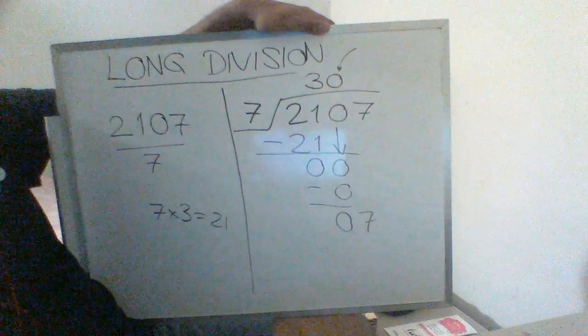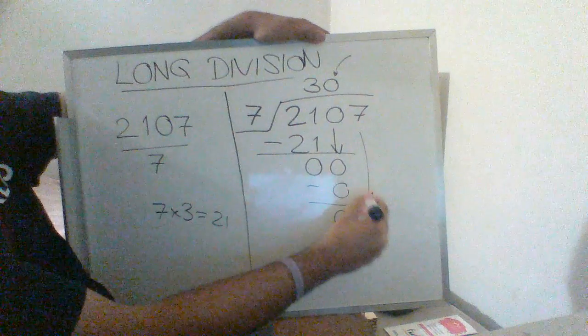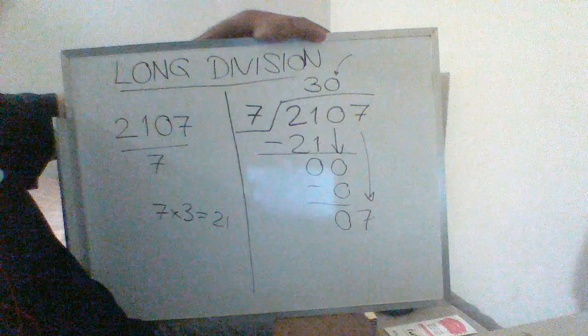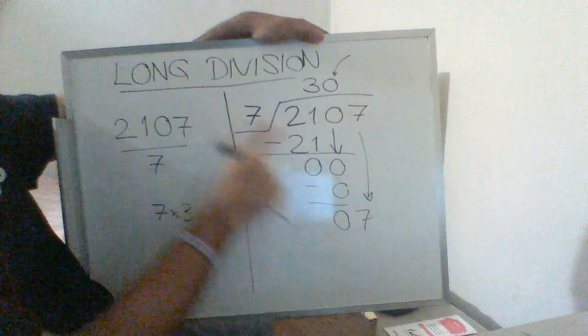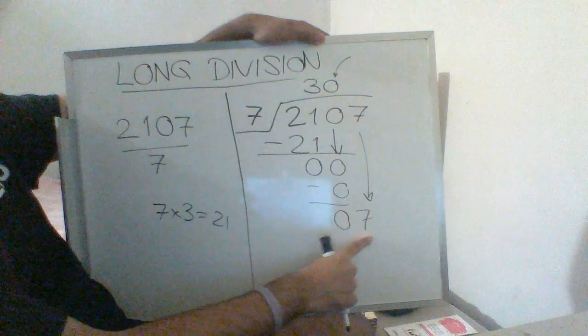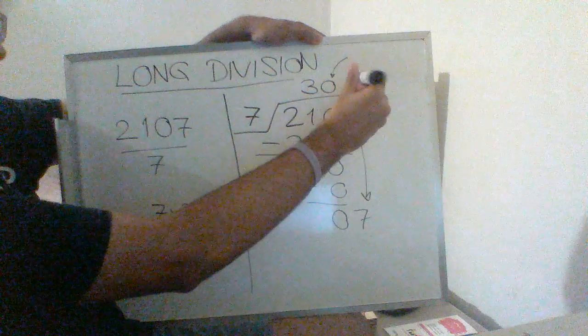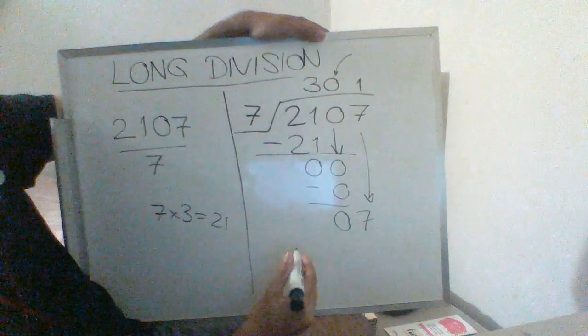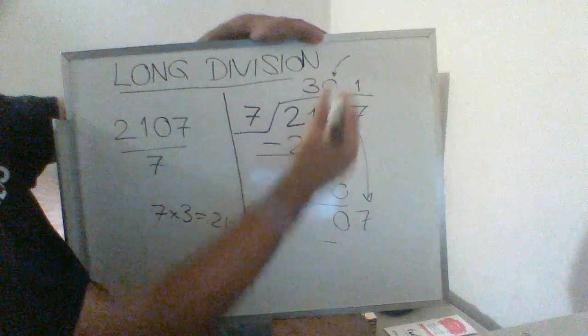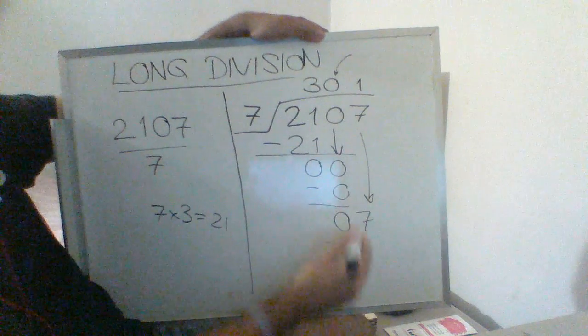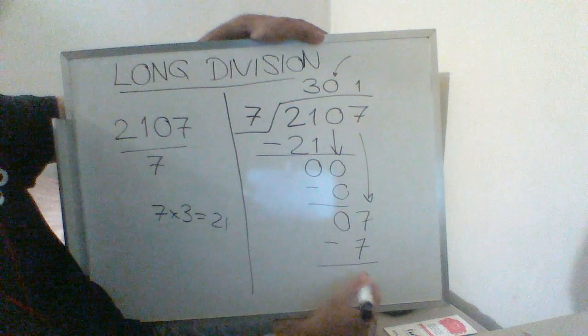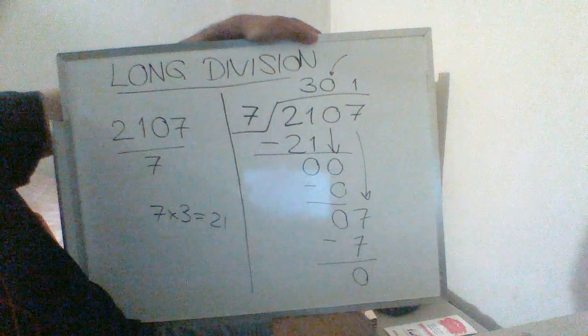Okay? Now we pull down this 7 here, and we ask ourselves one more time, how many times does 7 go into 7? We get that 7 goes into 7 exactly once, so we get a 1 there. 7 times 1 is 7, so we do 7 minus 7, and you'll be left with a 0.